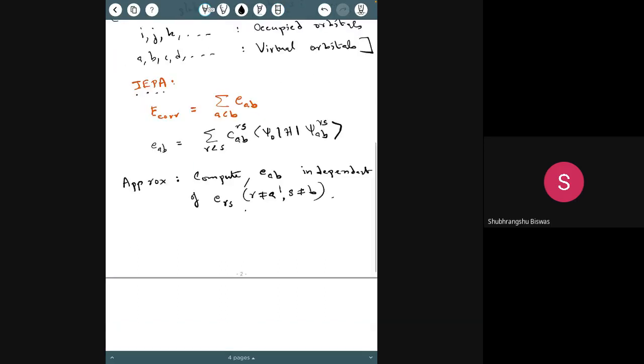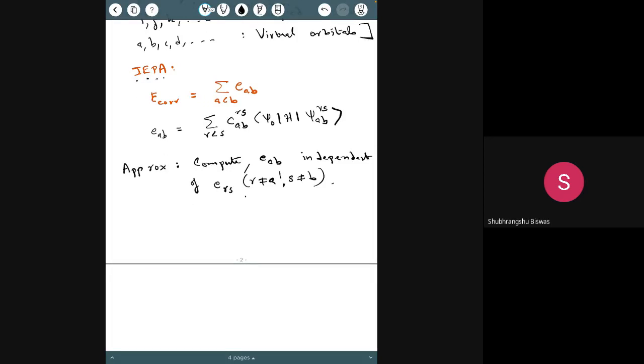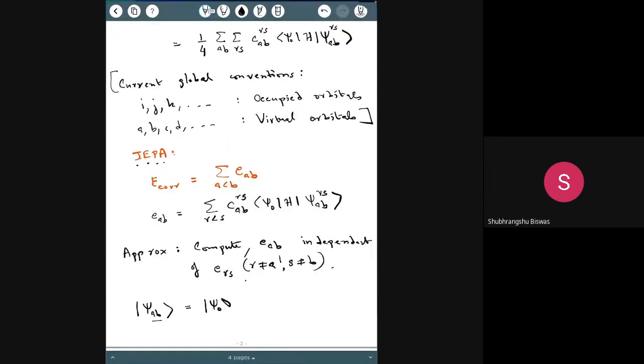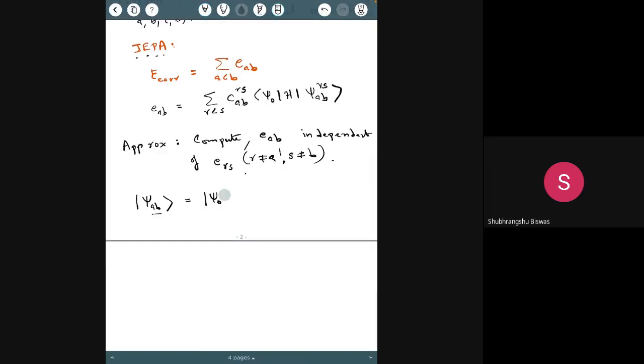I just wanted to mention that, because here we will always start any approximate theory by writing an expression for the approximate wave function. So in CI you wrote it as a linear combination of various excited determinants, and here I will write the wave function for every pair of electrons as a linear combination of pair functions.